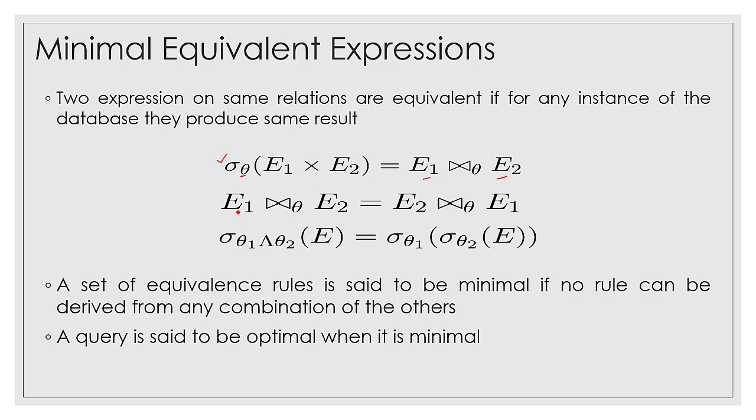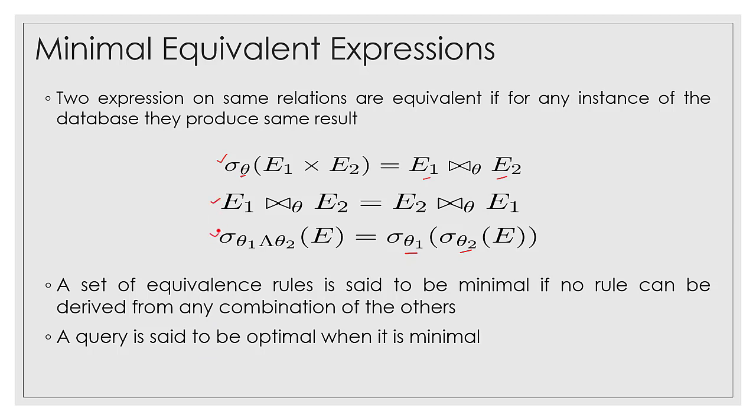So relation E1 theta join relation E2 is equivalent to relation E2 theta join relation E1. Similarly, a selection depending on the theta 1 and theta 2 conditions on the relation E is equivalent to selecting the tuples depending on the theta 2 condition and selecting from the resultant tuples using the theta 1 condition. So these are 3 examples of equivalent expressions.